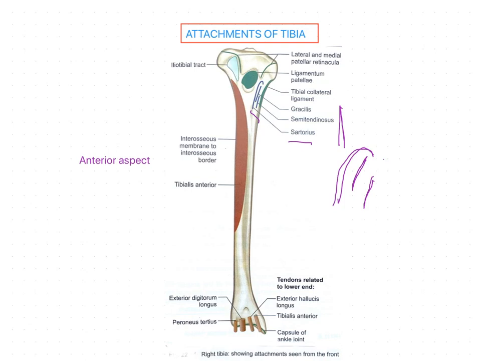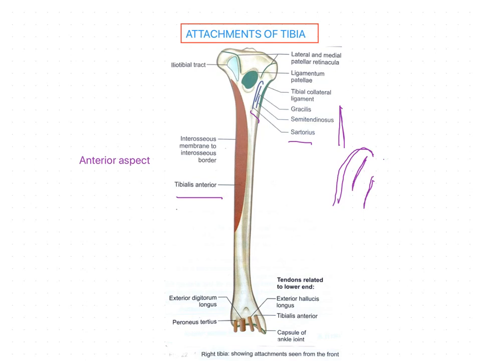So these are the muscle insertions we can see on the anterior aspect at the upper end of the tibia. In the lower end we can't see any insertions. On the anterior aspect towards the shaft, it gives origin to a muscle called Tibialis Anterior, which arises from the upper two-thirds of the lateral surface of the shaft.